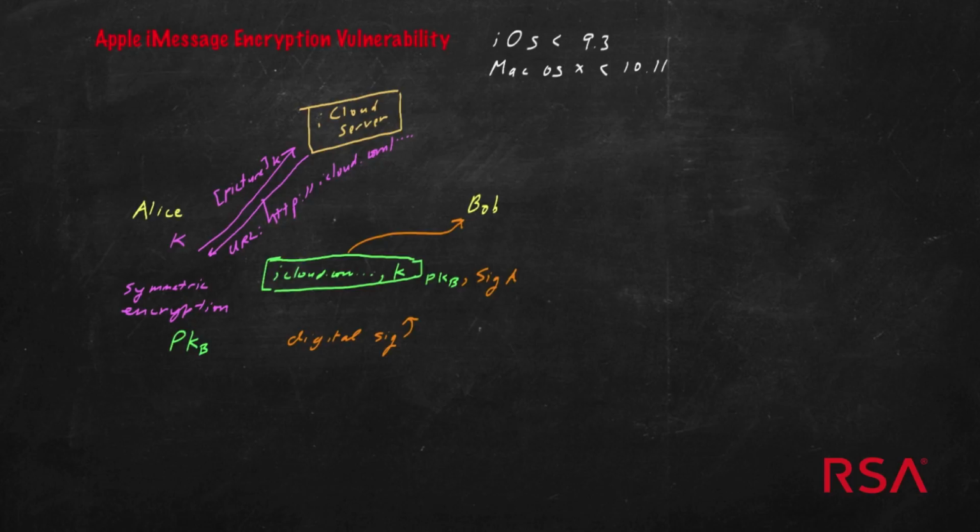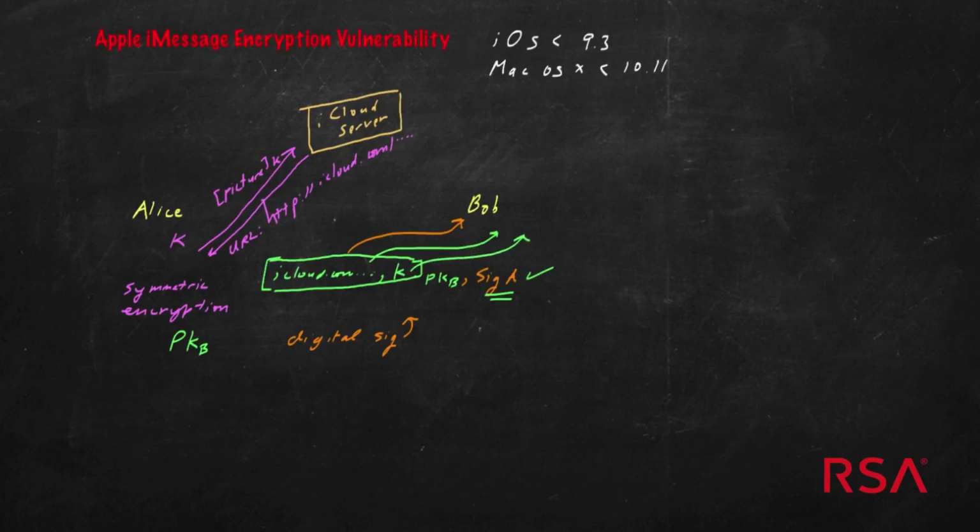Bob's iPhone, in turn, executes a series of steps to validate Alice's digital signature. Next, Bob's iPhone will use its knowledge of Bob's private decryption key to decrypt the data Alice sent to him. Bob's iPhone will in turn obtain the URL where the encrypted image is located and the key K that was used to encrypt that image.